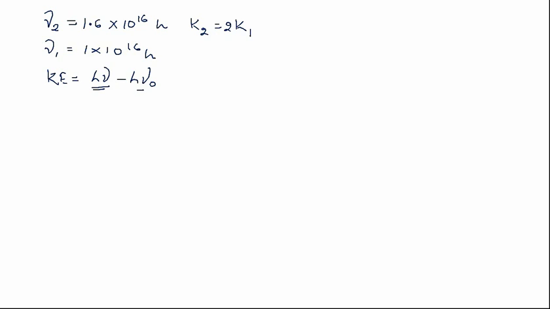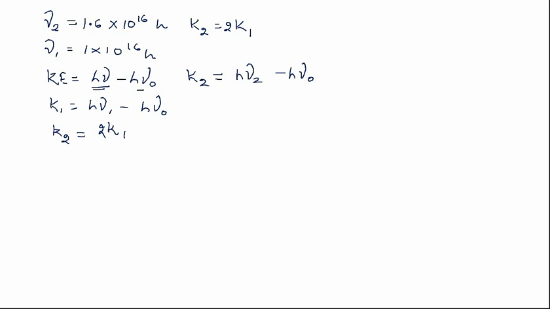That is the total energy minus the threshold energy, right? So we can say K2 is equal to h nu2 minus h nu 0, and likewise your K1 is equal to h nu1 minus h nu 0. Now what is your K2 equal to?